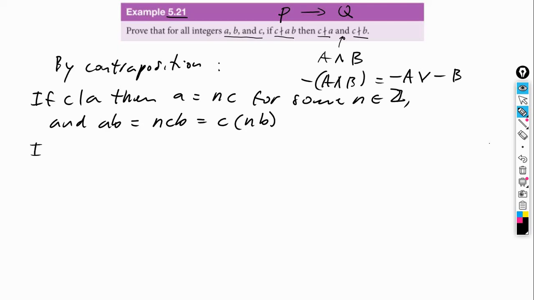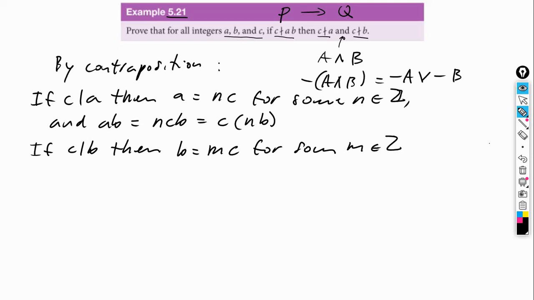Likewise, if c divides evenly into b, then b is equal to m times c for some m belonging to the integers.